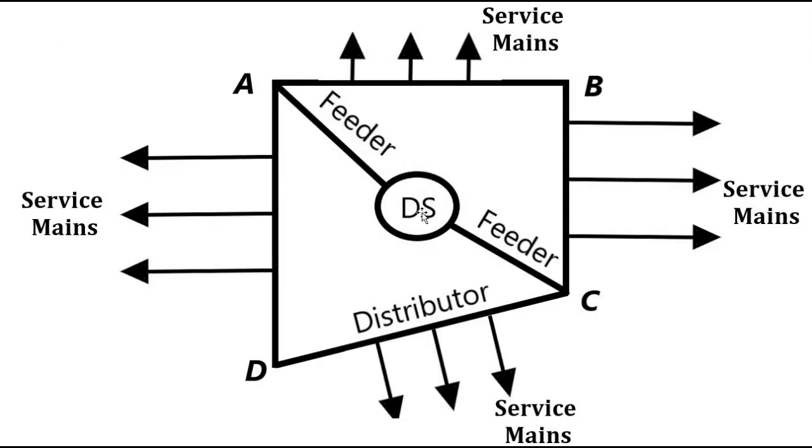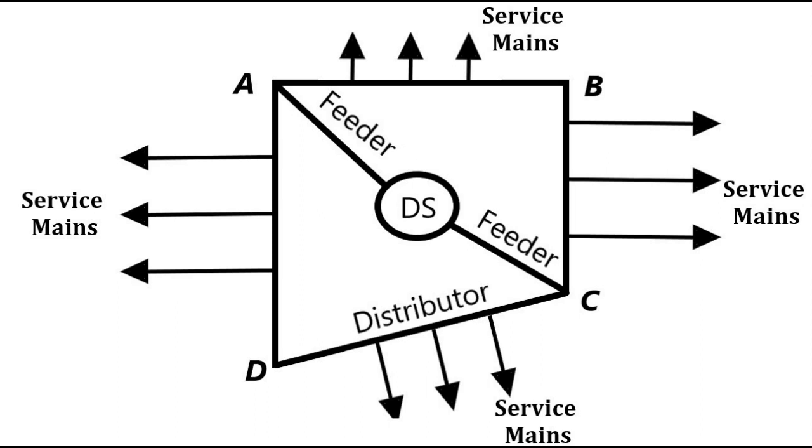From the secondary distribution station, the feeder lines, which are SC and SA, provide to the distributor lines, which are AB, BC, CD and AD.